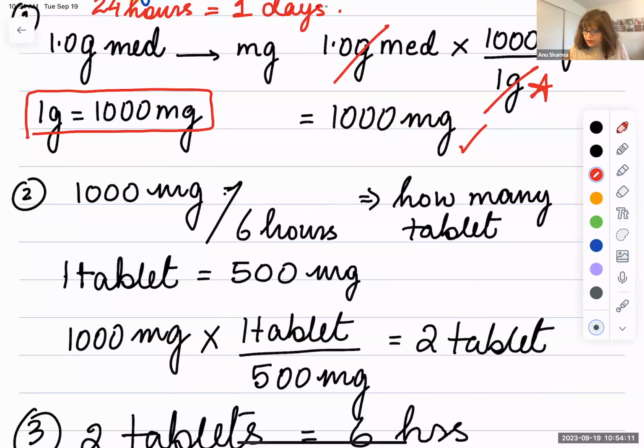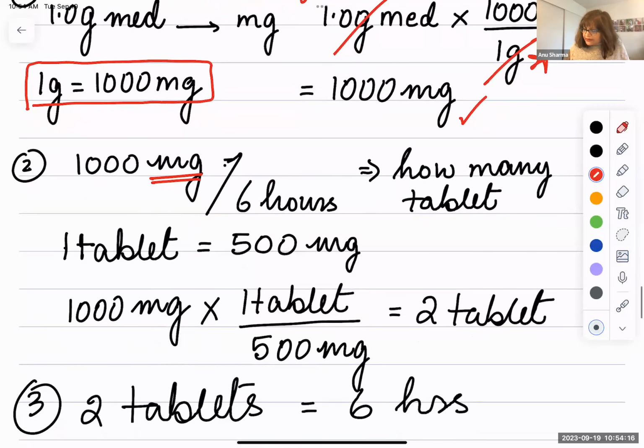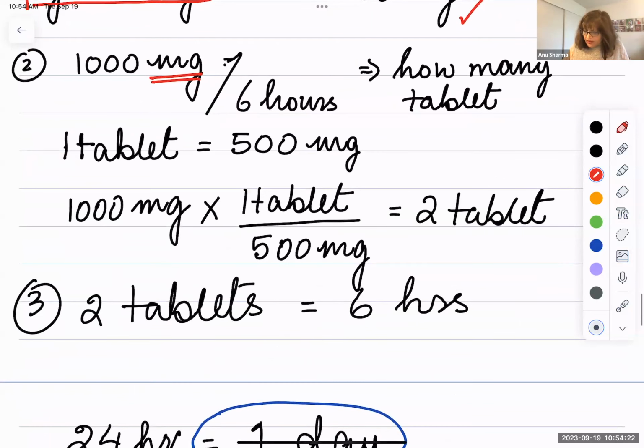Now, how many tablets is that? 1 tablet is 500 milligrams, so 1000 milligrams will cover 2 tablets.